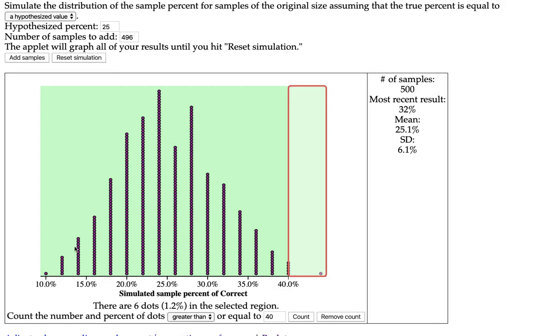Since this is what we expect for a random guesser, and Jake actually scored way out here, we're starting to believe that Jake is probably not a random guesser. He's scoring better than what we would expect him to score.